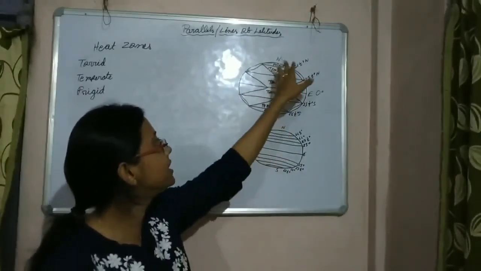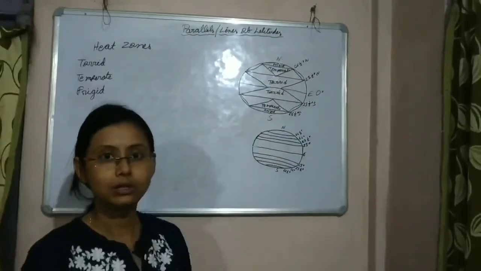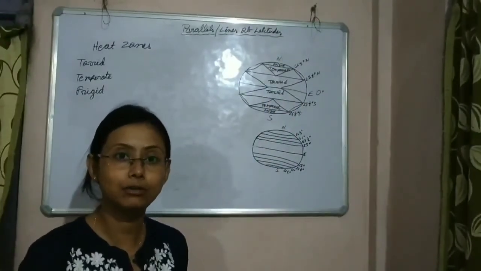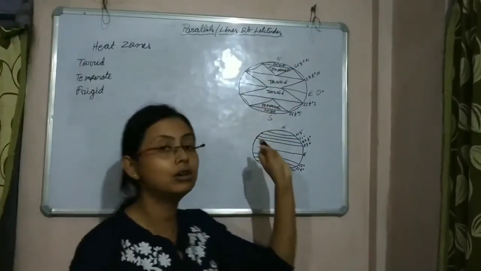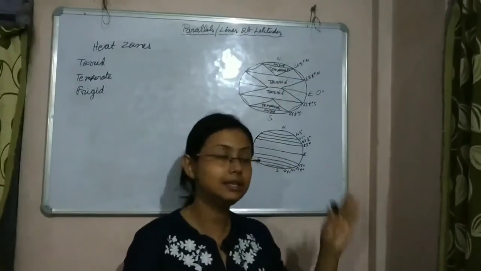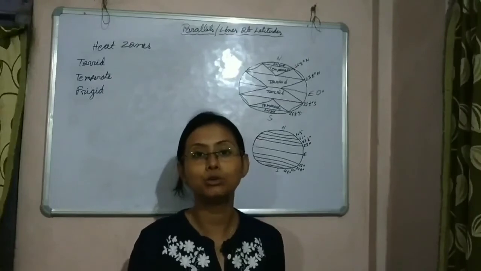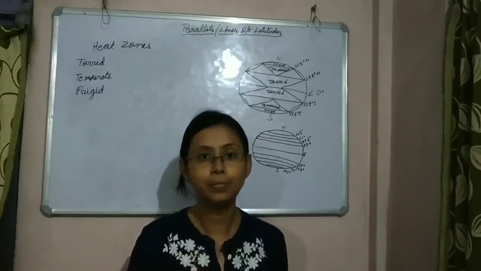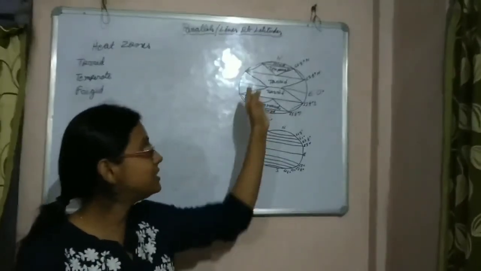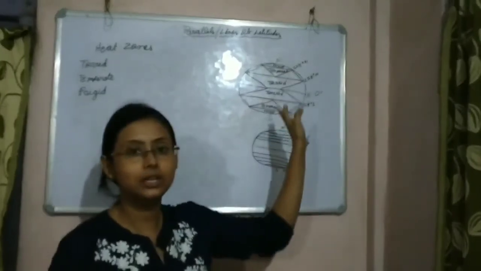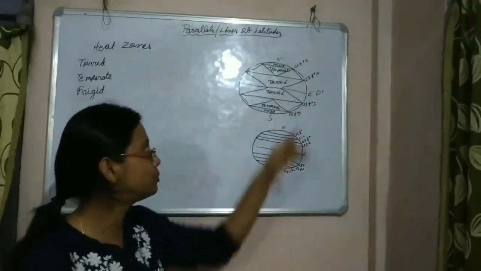Most importantly, we can see here the frigid zone. From its name we can understand why it is called the frigid zone, as these two zones are the extremely cold areas of the earth. Why? Because extremely slanting rays reach these two polar regions.